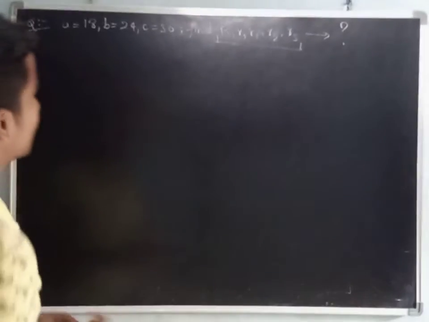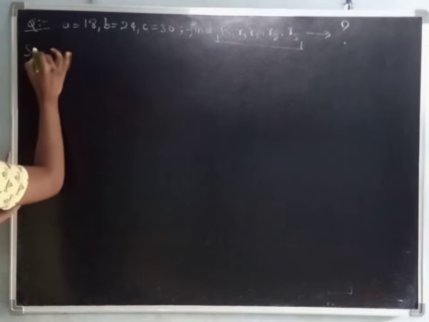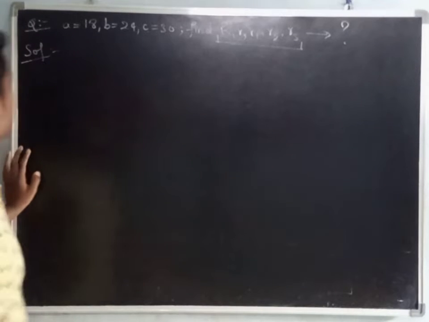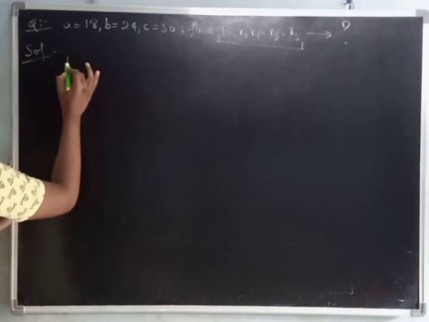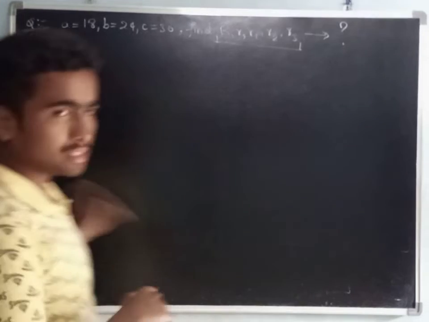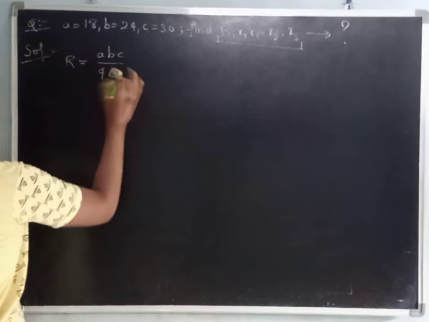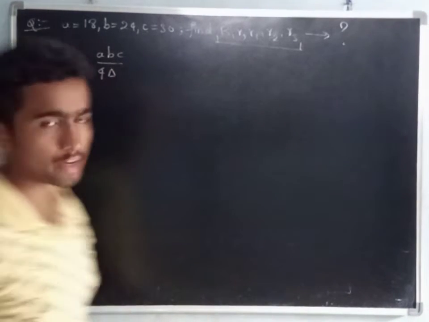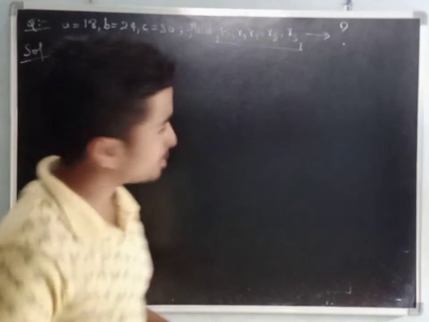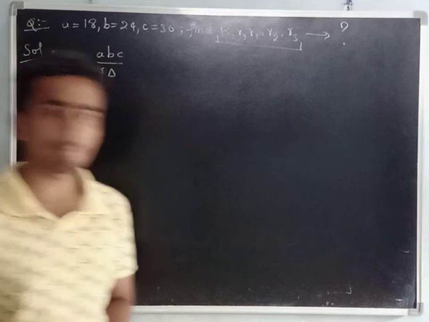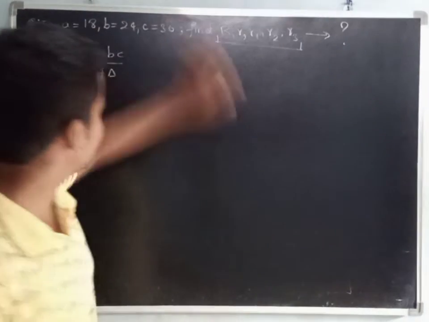For this, first of all, the solution. Let me consider the radius of the circumcircle, capital R, which is nothing but abc by 4 into delta. Delta is nothing but the area of the triangle. Here in this question he has not mentioned the area of the triangle, but he has given us all the three sides.